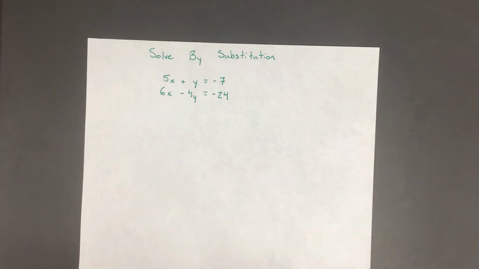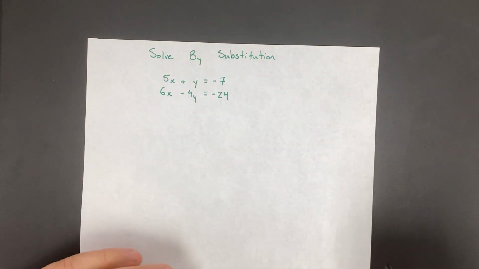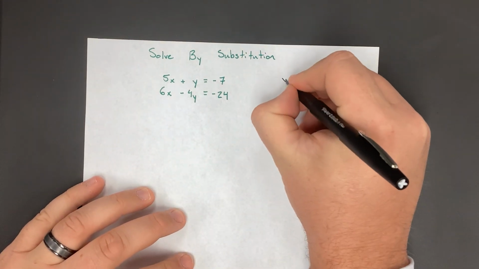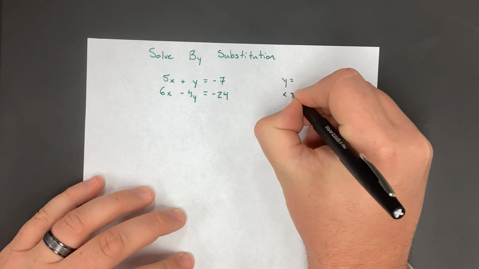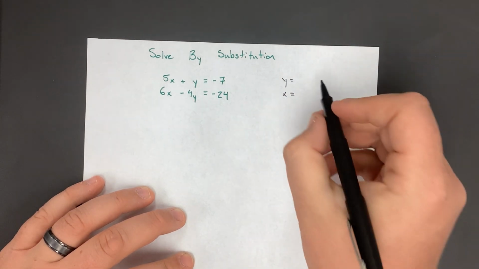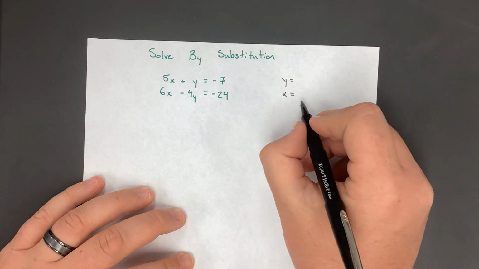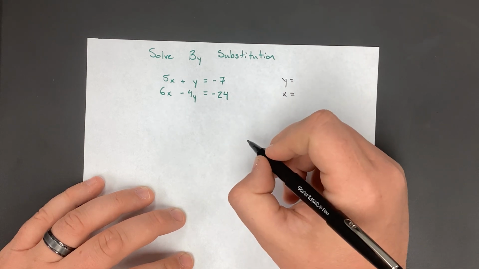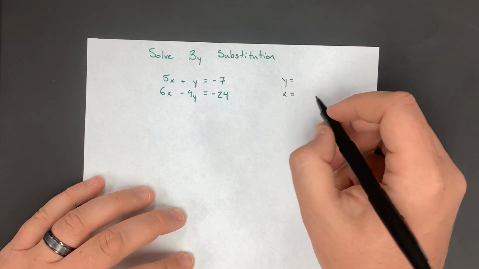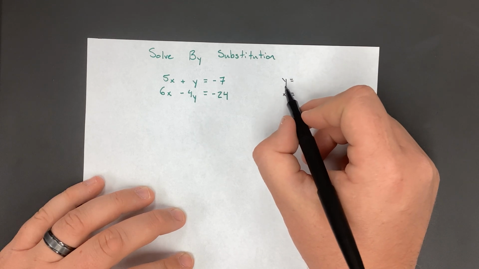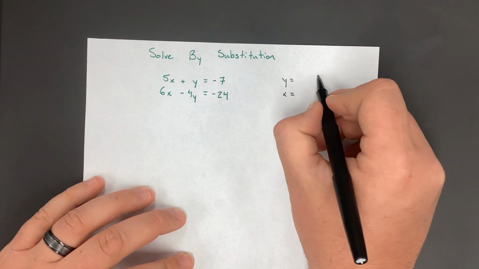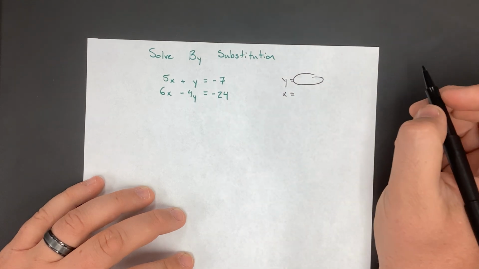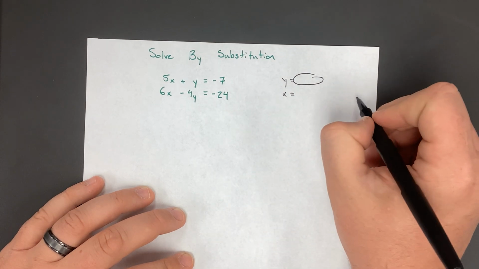The whole point of substitution is I want to have one of my equations with either y equals or x equals. That way I can plug in whatever y is equal to or what x is equal to into the other equation. A lot of times if we're given one equation as y equals, we're going to take whatever y is equal to and plug it in for y in the other equation.